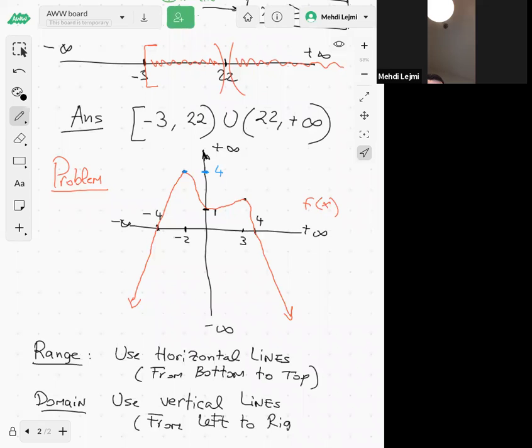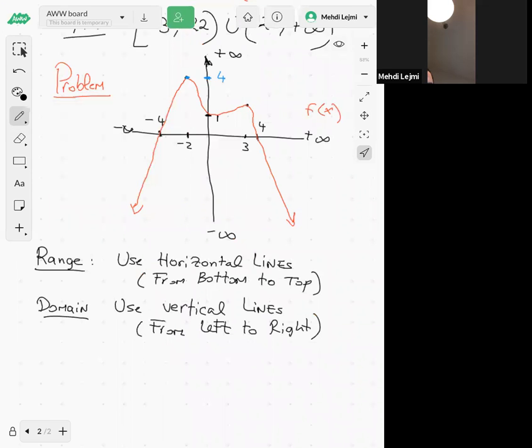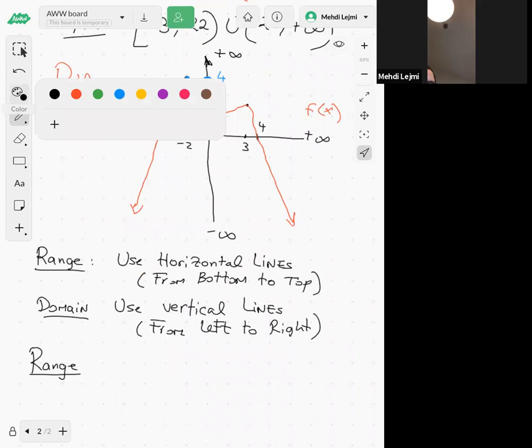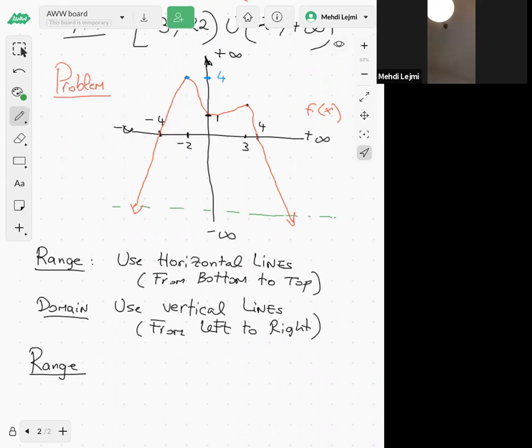Anyway, so here for the range, what would be the range? Well, you start from the bottom with the horizontal lines, right? We do have intersection here because the arrow means that the graph continues. It doesn't stop. So you have intersection when you are at negative infinity, and as you move to the top, there's still intersection, so we are still in the range.